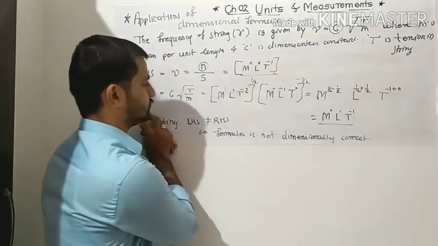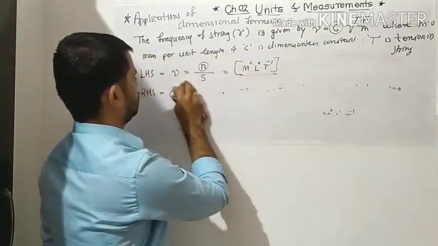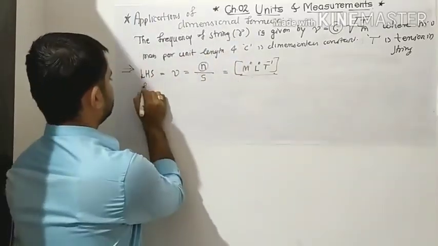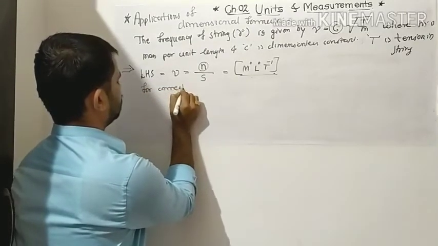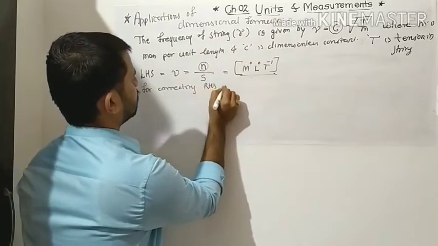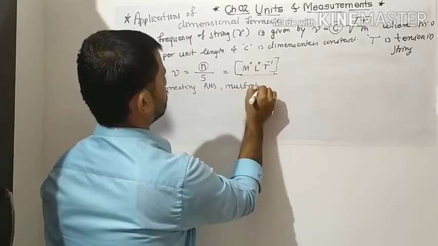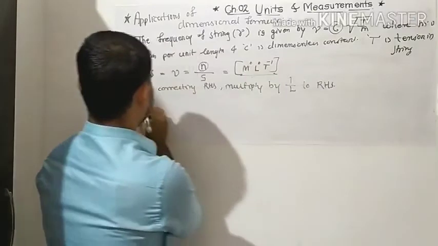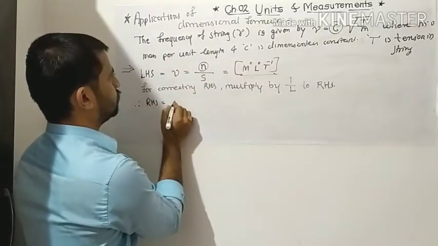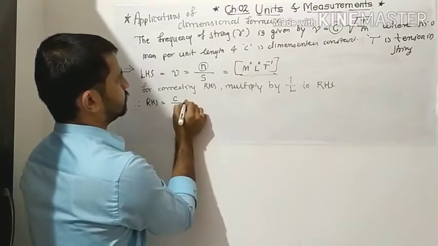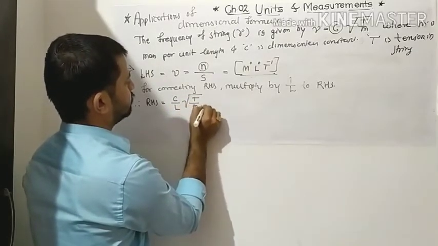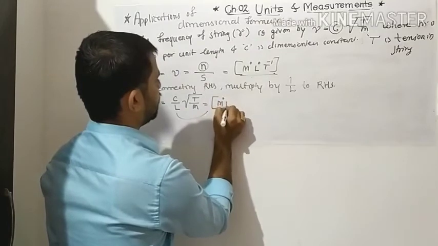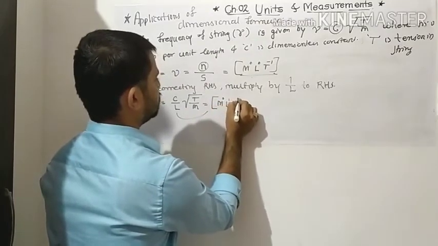For correcting, multiply RHS by 1 upon L. Therefore, RHS is equal to C by L under root of T by M. Okay, so if we write this now, we will get M raised to 0, L raised to 1, T raised to 0.